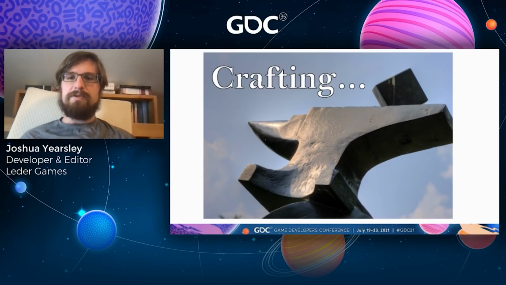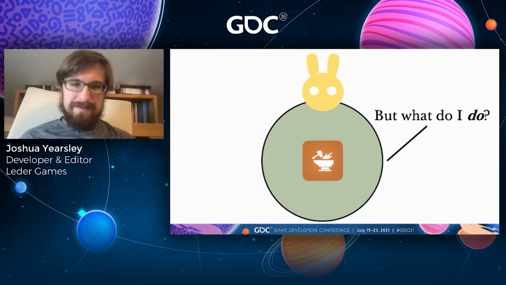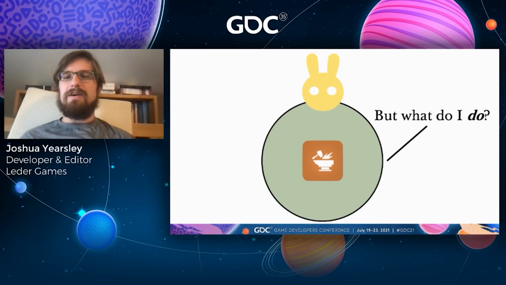Because the idea of crafting, you're at the anvil, or at the spinning wheel or something, and you're doing something very physical, it sort of evokes this physical action, and you're not getting that feedback from the game itself. And so I think all of these questions that we got about what do I do have to do with feedback.